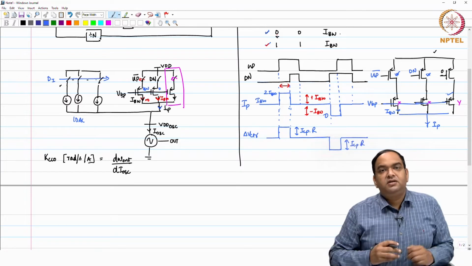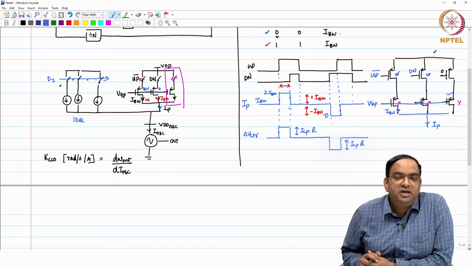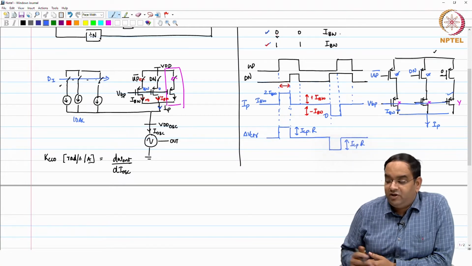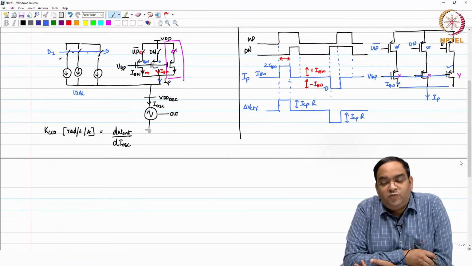This is the voltage, right, and ICP times R times your KVCO gave you the change in the output frequency.